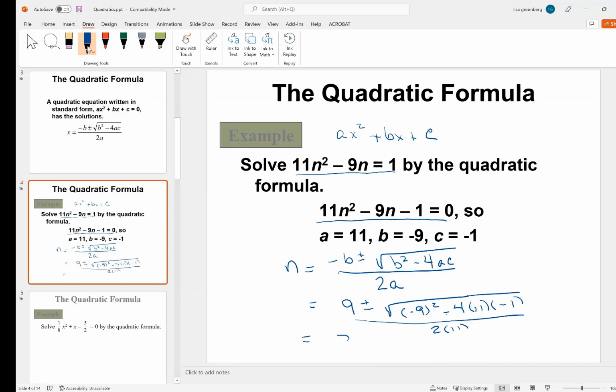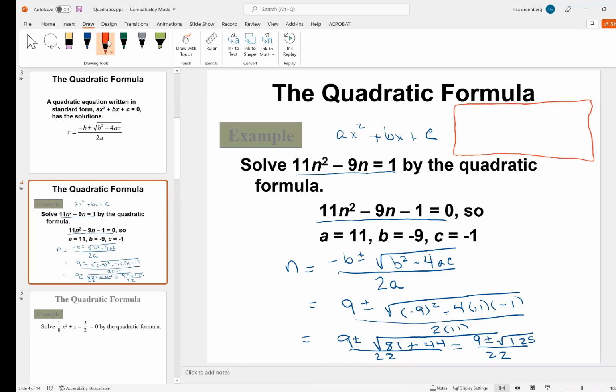So we have 9 plus or minus the square root of 81, and we have a negative times a negative, so it's going to be positive 44, divided by 22, which is going to equal 9 plus or minus the square root of 125 divided by 22.